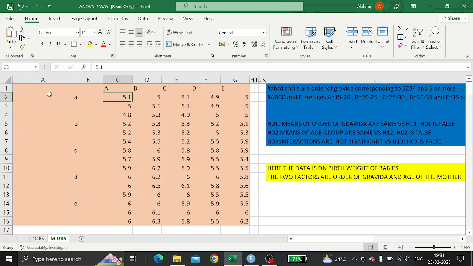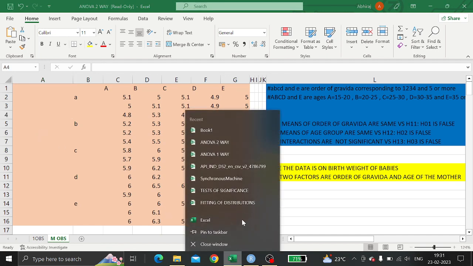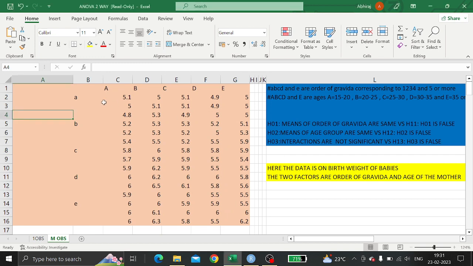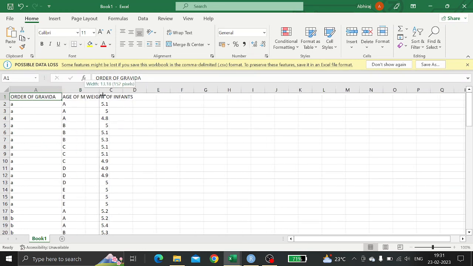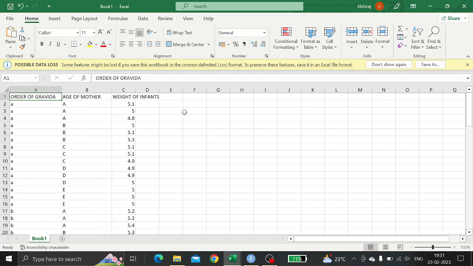But if we use this data, R won't be able to extract it very swiftly. So we have to enter the data systematically so that R can easily read it and perform the analysis swiftly. In this file, I have entered the data in a manner in which R would be easily able to differentiate the different factors and the response.